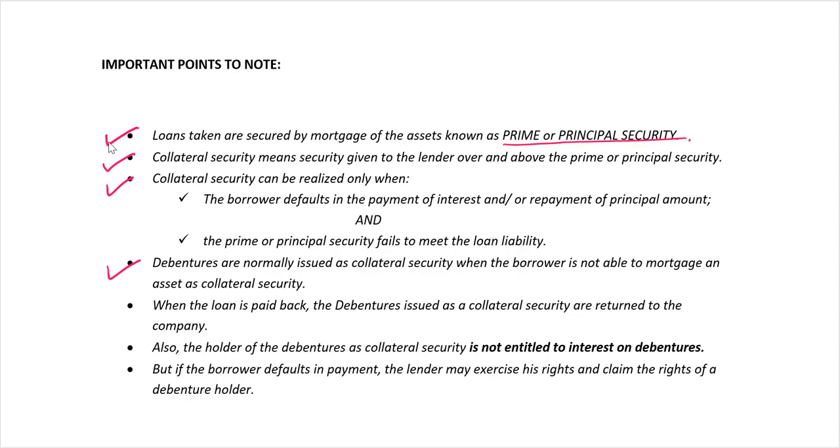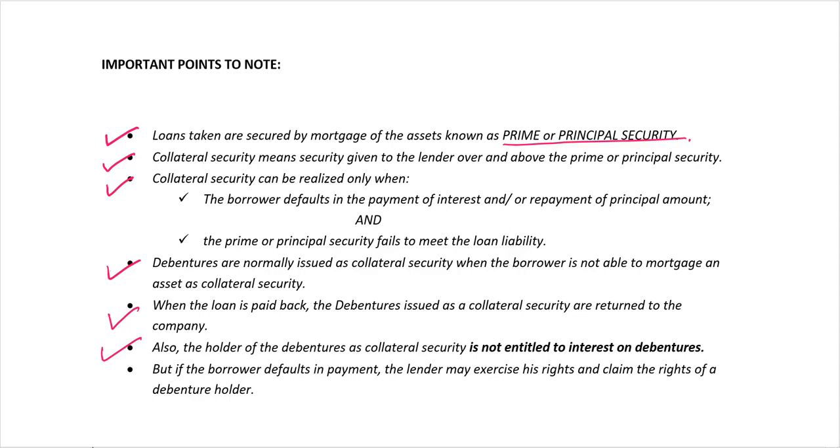Debentures are normally issued as collateral security when the borrower is not able to mortgage an asset as collateral security. When the loan is paid back, the debentures which are issued as collateral security are also returned to the company.